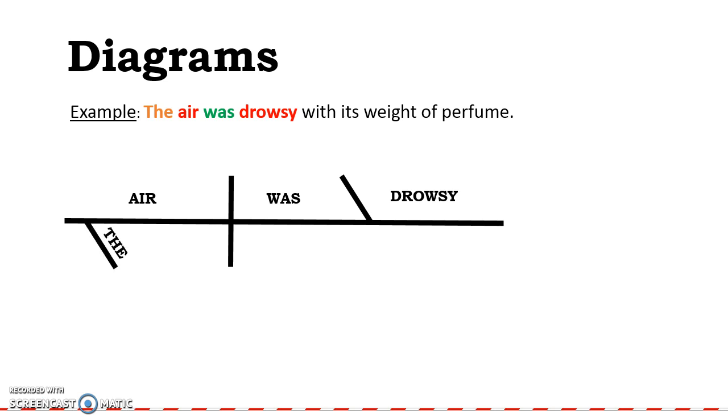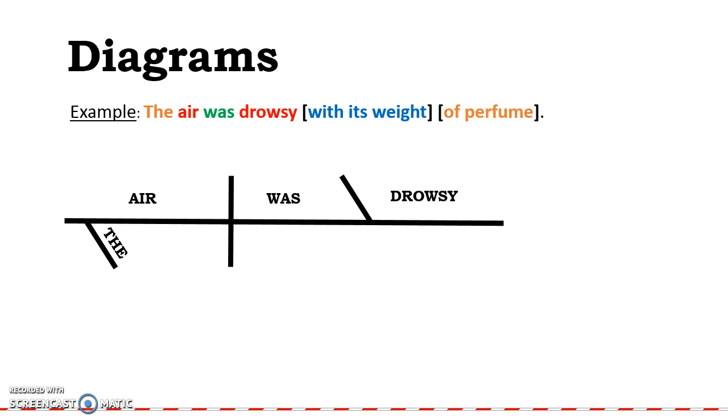Now I have these remaining words, with its weight of perfume. What do I do with these? Each of these units is a prepositional phrase, and I can tell from the totality of the sentence that they are linked together. With its weight is adverbial because it's telling me under what conditions the air was drowsy.